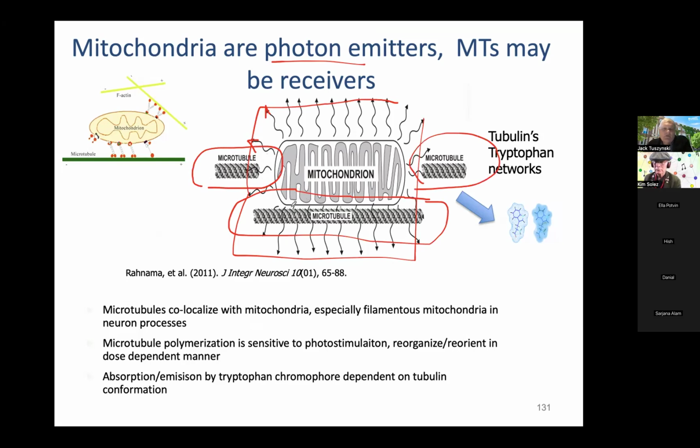So quite plausibly, the emission of mitochondria, for as long as they function, could feed microtubules with the electromagnetic energy needed for all kinds of electronic processes, a deeper layer of information processing.